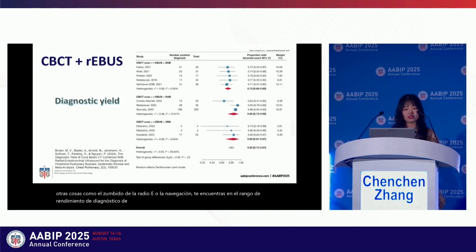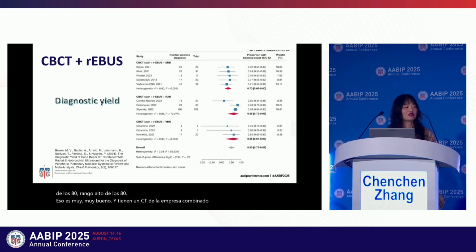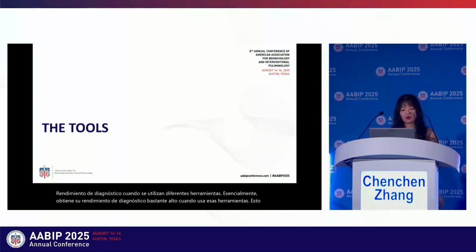So that's really nice. They have cone beam CT combined with different tools, with different diagnostic yields. Essentially, you get your diagnostic yield pretty high when you use those tools. This is probably what we see clinically as well.